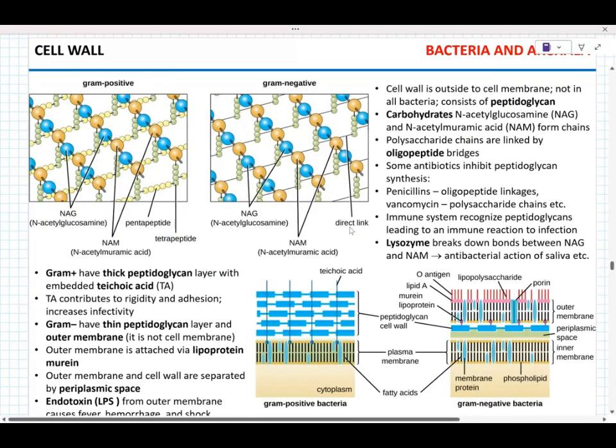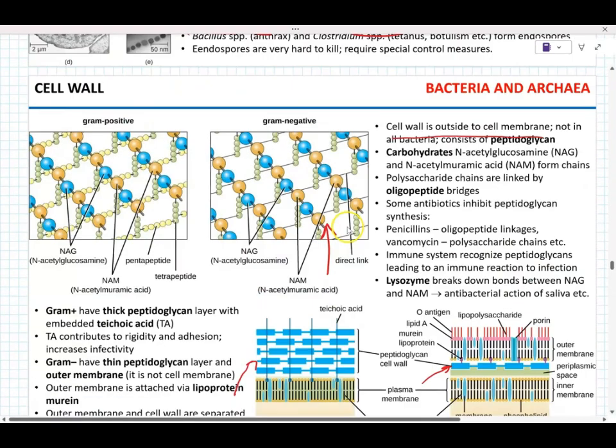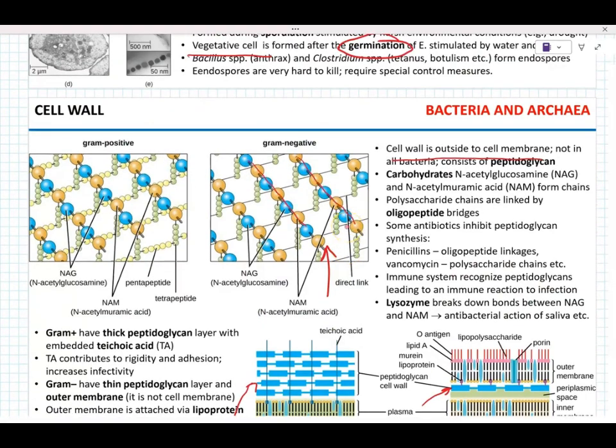Most bacteria have cell walls. So the cell wall is located outside of the membrane, as you can see here and here. And it consists of long carbohydrate chains, so-called glycan chains. So glycan chains are represented here.